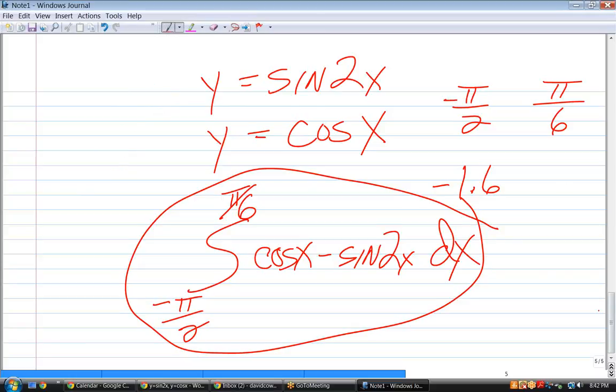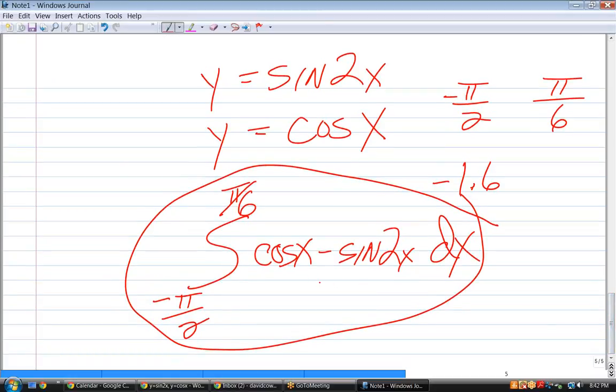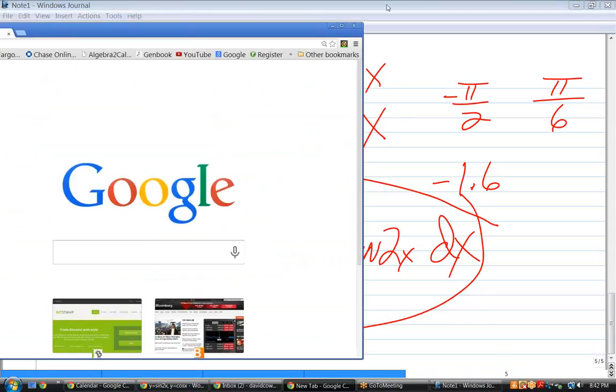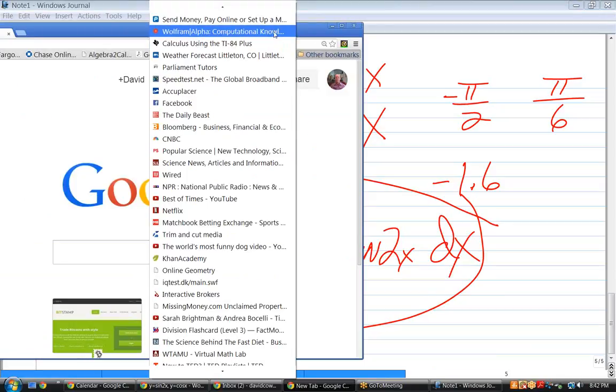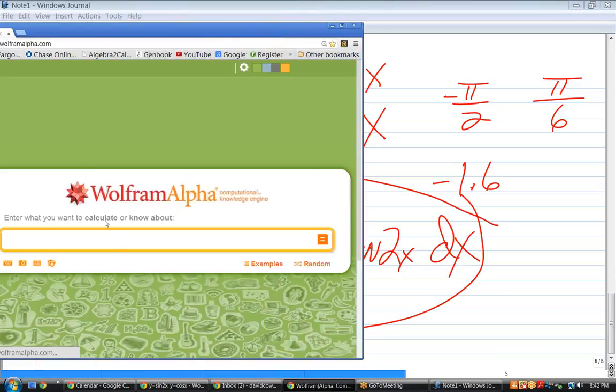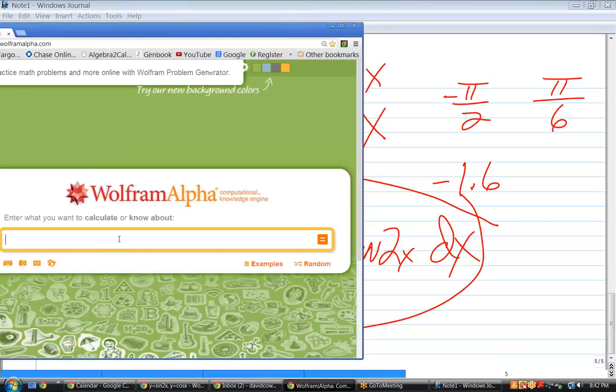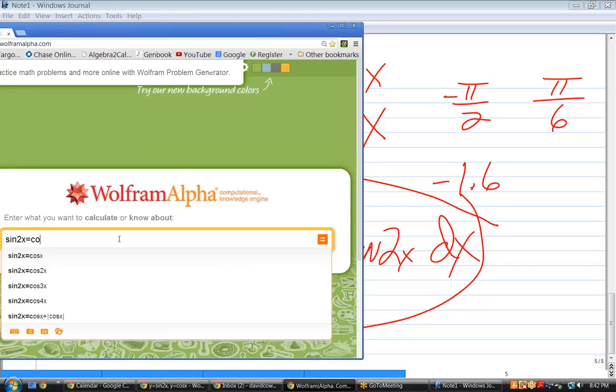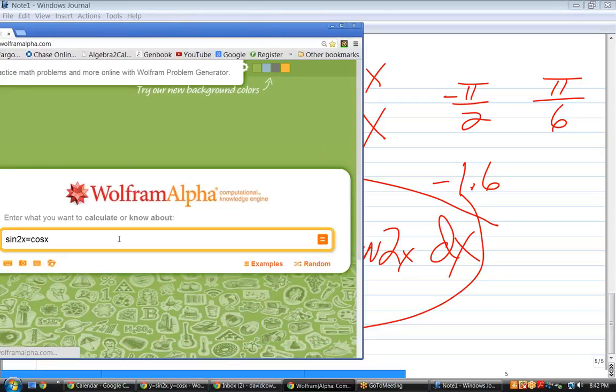If I solve sine of 2x equals cosine of x, let me enter another Wolfram Alpha so I don't lose that curve. Sine of 2x equals cosine of x.